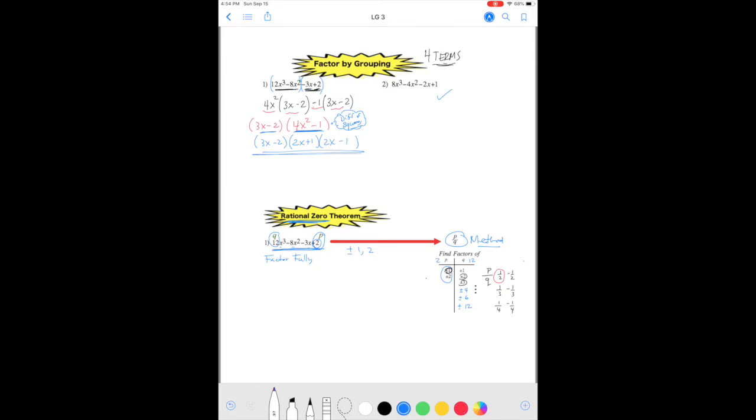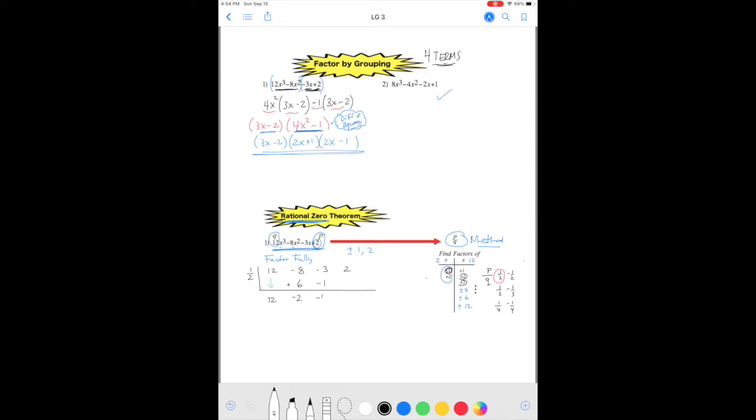So let's do our factor fully. We have 1/2, and we have 12, negative 8, negative 3, and 2. Remember, this comes down. So we have 12. Half of 12 is 6. We add, so negative 2. Half of negative 2 is negative 1.